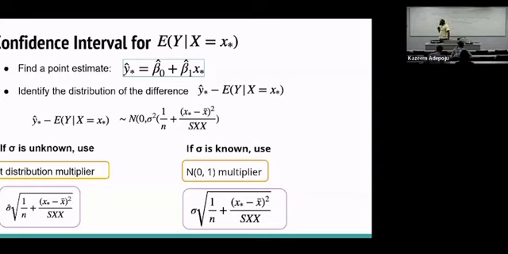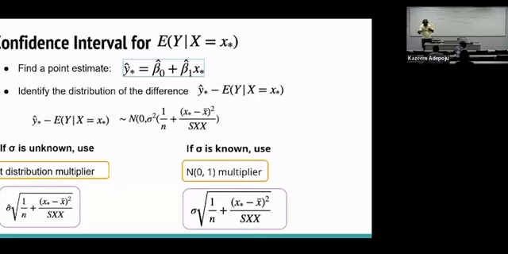Now, in statistical analysis, if the population standard deviation is unknown, we're going to check from the T table. We're going to use the T distribution multiplier. But if the population standard deviation is known, we're going to be checking from the normal table, the Z table.